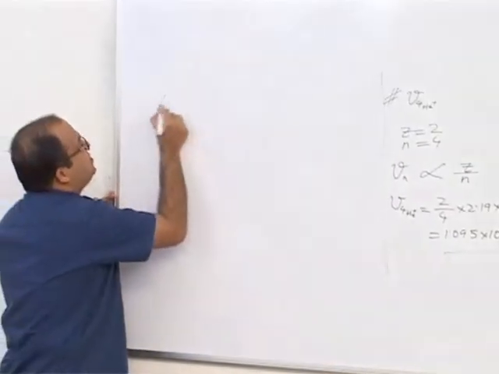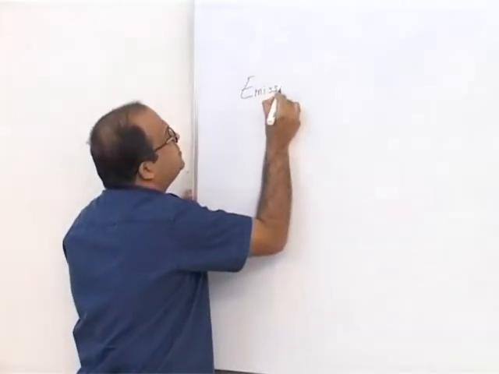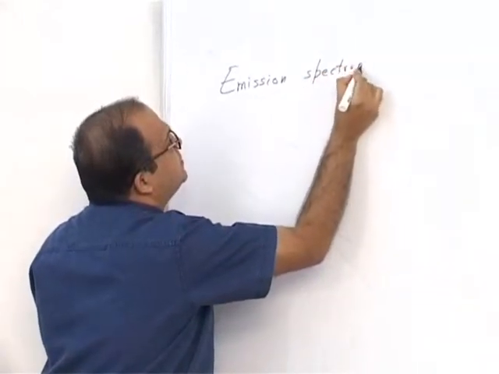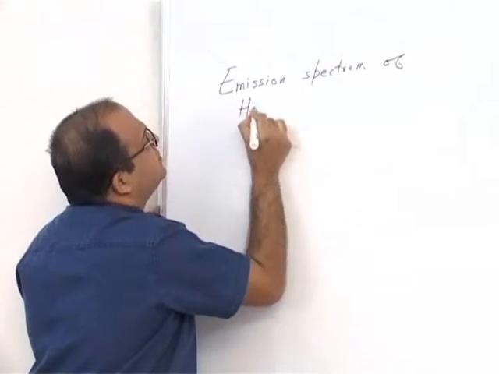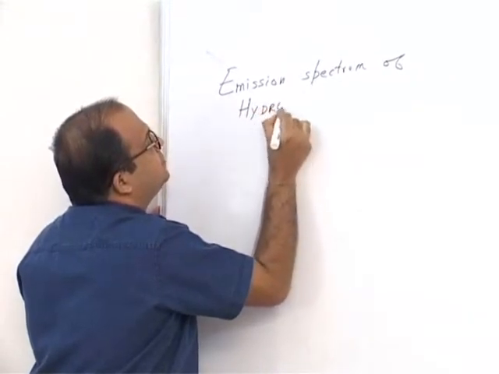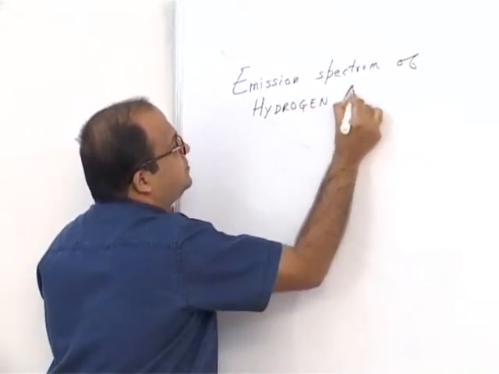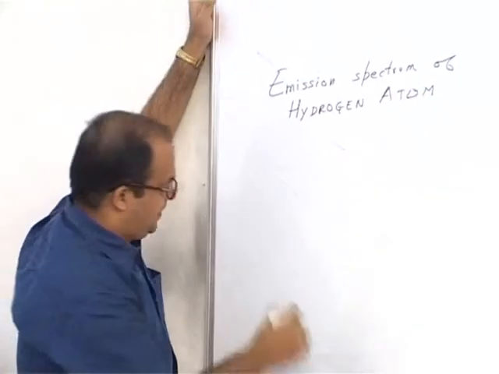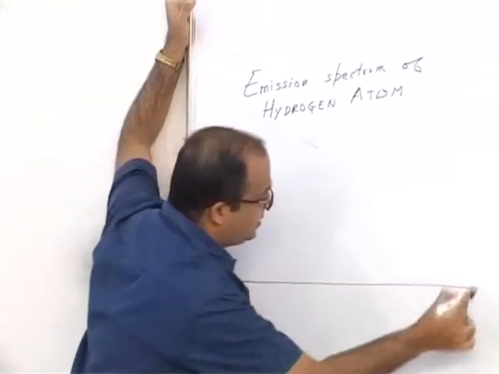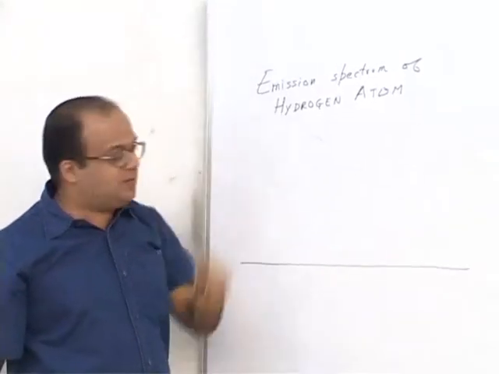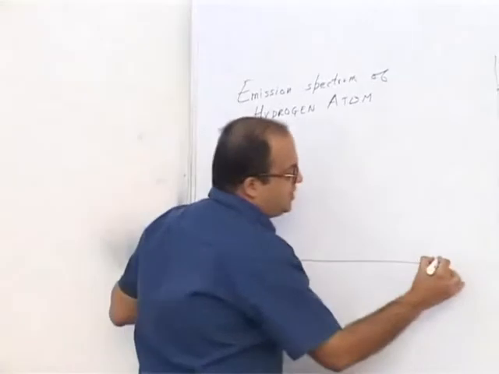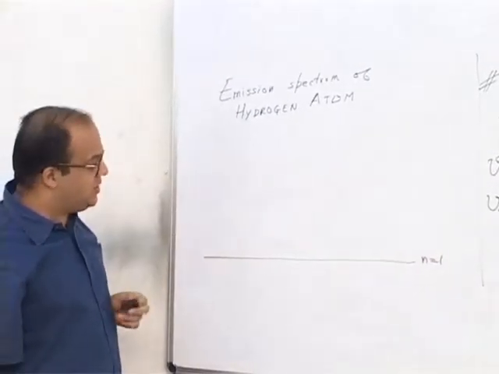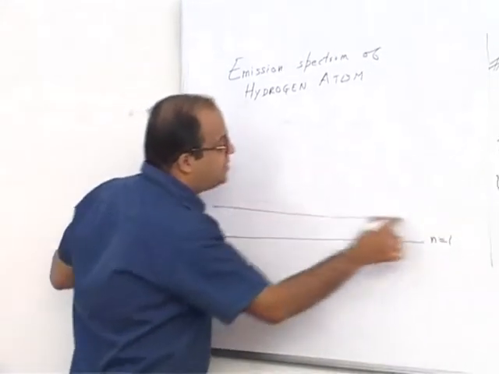Now we look at the emission spectrum of the hydrogen atom. Normally, the electron in the hydrogen atom will be in the ground state, that is n equal to 1. If it gets some energy, it can jump to higher energy levels.